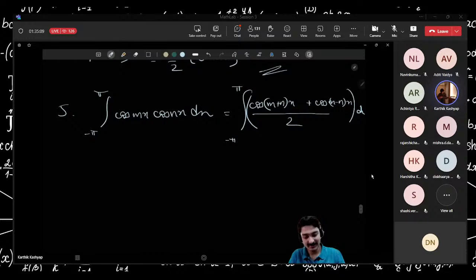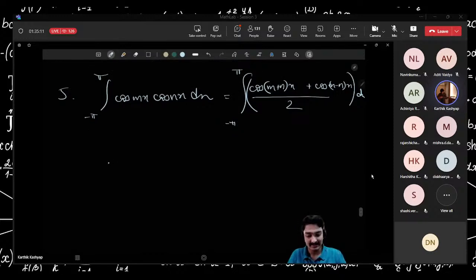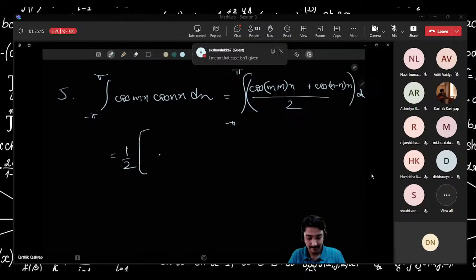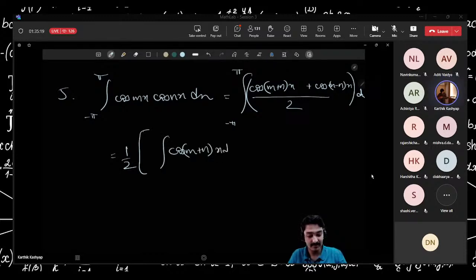So again, we can do the same, and this time we will get the integral of cos (m plus n)x dx plus the integral of cos (m minus n)x dx from minus pi to pi.